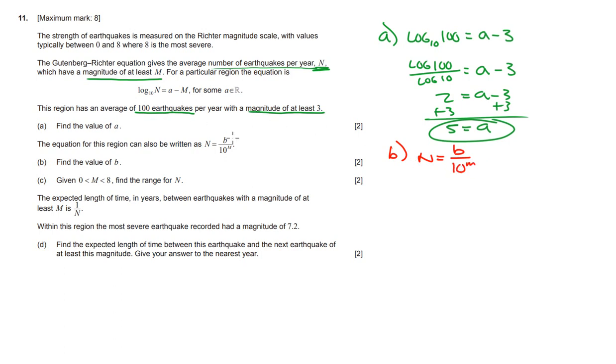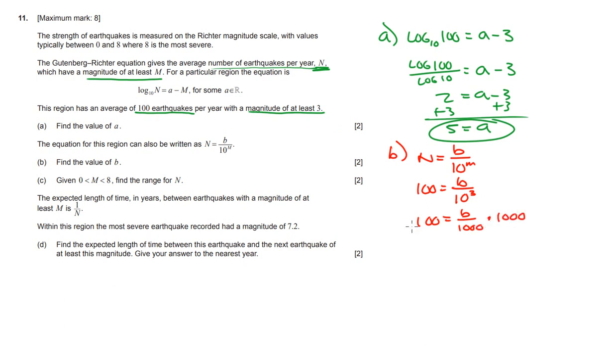So the number of earthquakes is 100, so we'll do 100 equals B over 10 to the m. The magnitude is 3. So this will simplify to 100 equals B over 10 to the third, which is a 1 with 3 zeros after it, so it's 1,000.